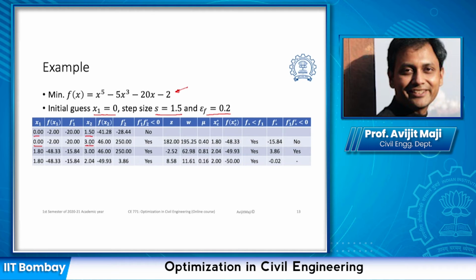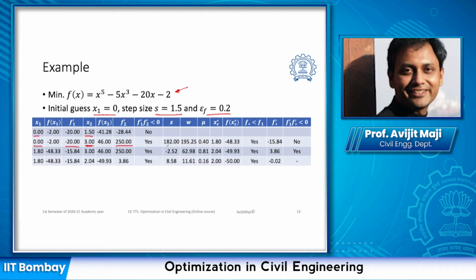And once we set it to 3.0, we'll see that the slope at this particular point for the objective function has the opposite sign of the slope which we have at the first point. So we are good to go from here.